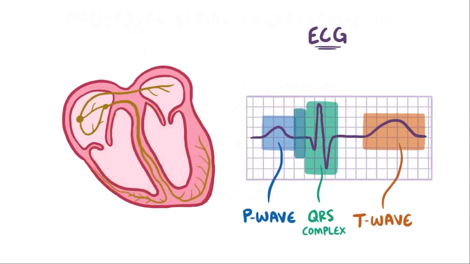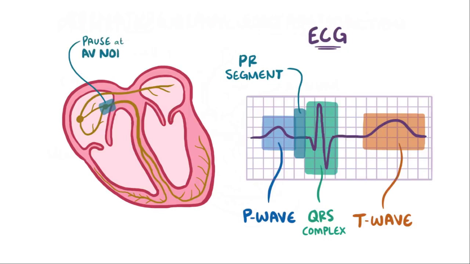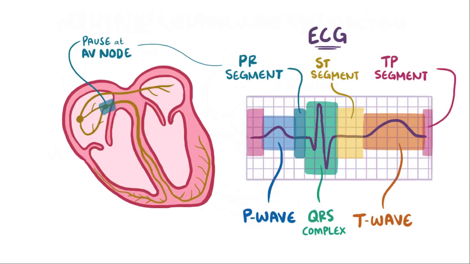This empty space here is called the PR segment, and it corresponds to the pause in the AV node. And this one is called the ST segment, and it corresponds to the interval between ventricular depolarization and repolarization. And this one's called a TP segment, which represents the heart's quiet time when the cells are finished repolarizing and are ready for another signal.